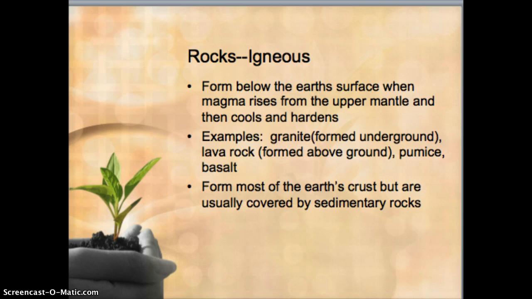If it does go out of the Earth's crust and cools once it's exited the Earth's crust, then you often get other types of rock form like lava rock and pumice and a rock called basalt. Even though igneous are pretty common, probably the most common type is still a sedimentary type rock.